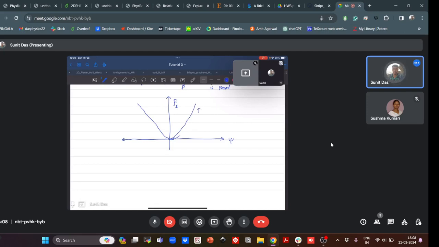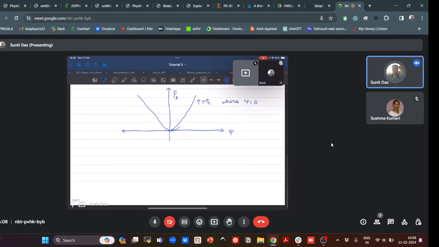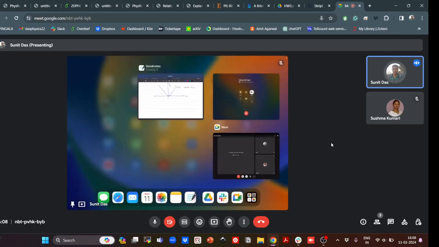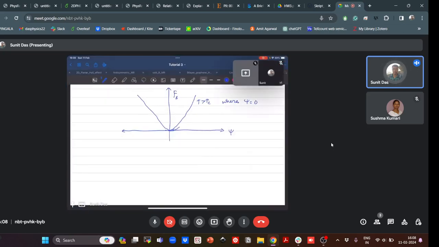This is for T greater than Tc, where psi equal to 0, right? The only solution is 0 for T greater than Tc.